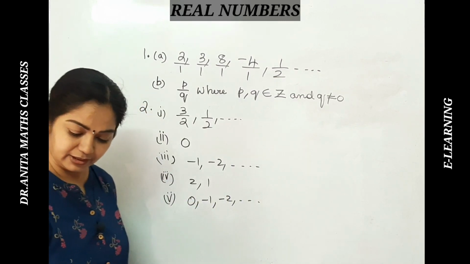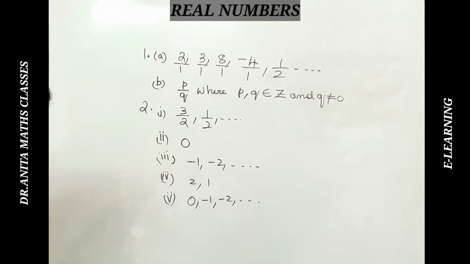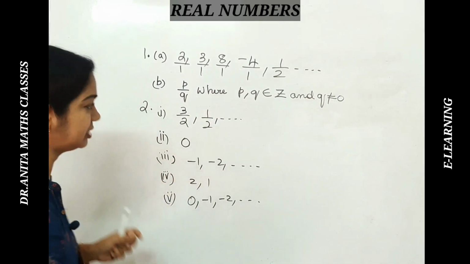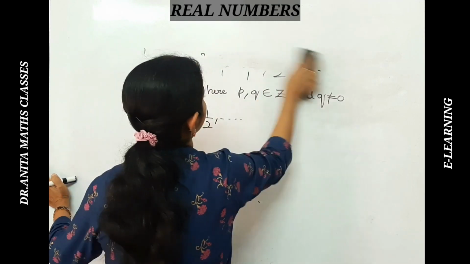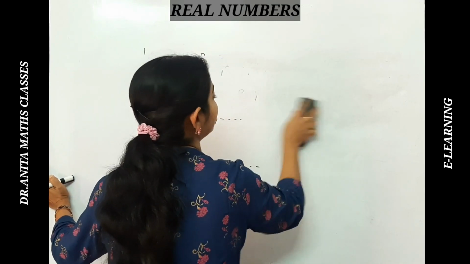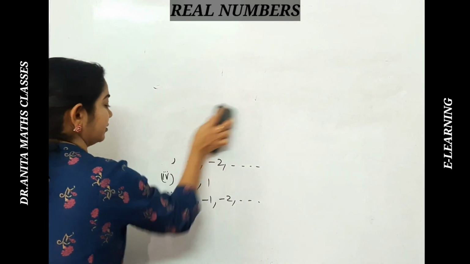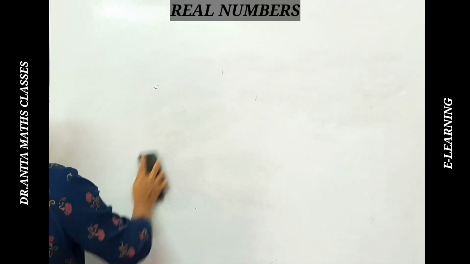Now moving on, find 5 rational numbers between 1 and 2. This is very interesting and quite scoring for you in the examination. We have to insert rational numbers in between the numbers.